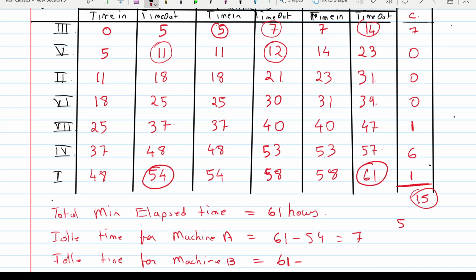Then 7 and 11 के बीच में गैप आ गया. So that is plus 4. Right? Then 12 and 18 के बीच में गैप है, so plus 6. Then 21 and 25 में गैप है, so plus 4. Then plus 7. And then 40 and 48, so plus 8. Then 53 and 54, so plus 1.